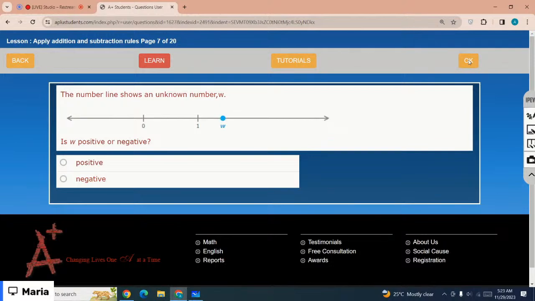Yes, that is a positive number because that is on the right hand side of the 0. It is positive.